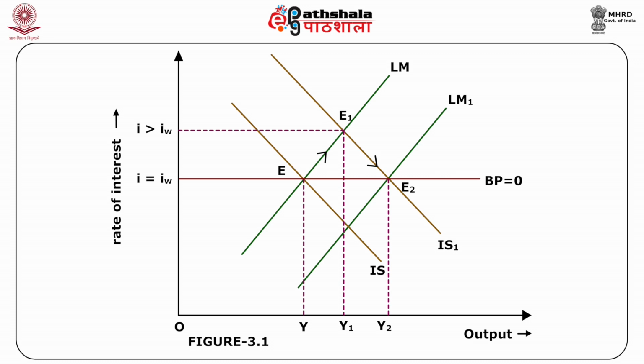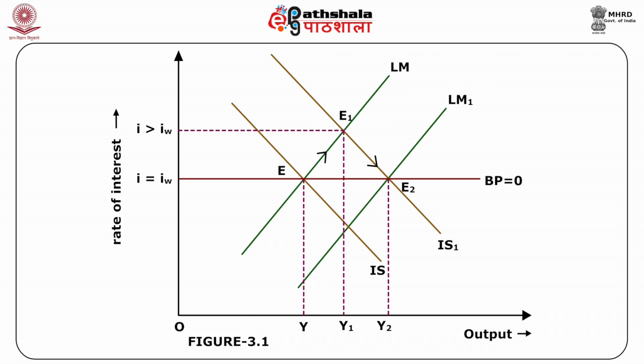At E1, since the domestic interest rate is more than the world rate, that is I is greater than IW, this will lead to capital inflow and will put pressure on exchange rate to appreciate. But because of fixed exchange rate, the central bank will intervene and buy foreign exchange. This will lead to an increase in the stock of domestic currency.